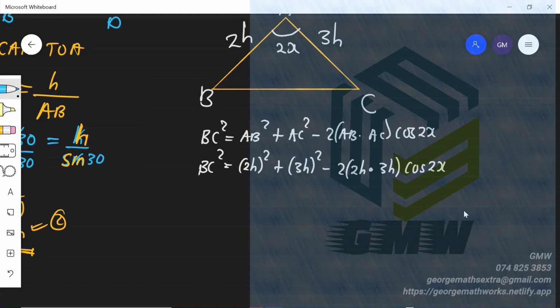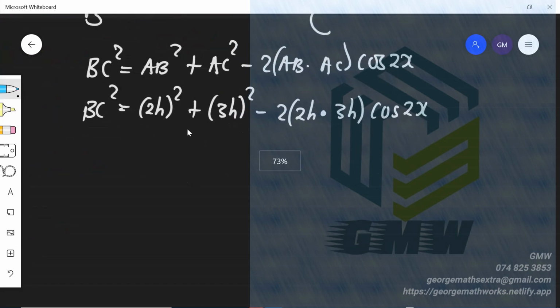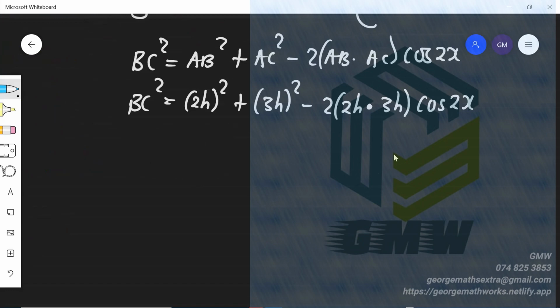Now, we start simplifying. And do you see, I'm very careful with the brackets because for 2h, everything has to be squared. So what will be the outcome of this? That's where common mistakes come in. 4h squared. Exactly. People normally forget to square the 2.